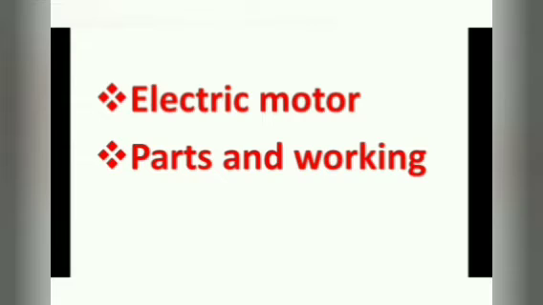The important parts of the electric motor are two strong magnets, then split rings, brushes and an armature. Armature is a rectangular coil placed in between the strong magnets.